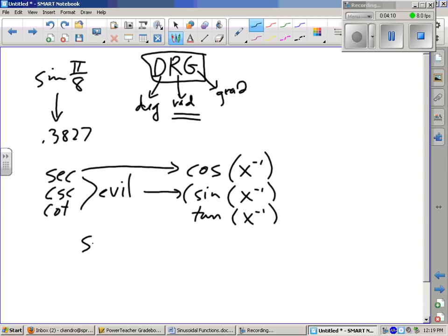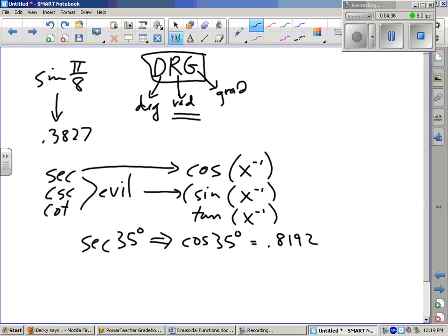So if I want to know the secant of 35 degrees, I really take the cosine of 35 degrees. And let's see what that is. Cosine of 35 is, just a second, I had it in the wrong mode, 0.8192.